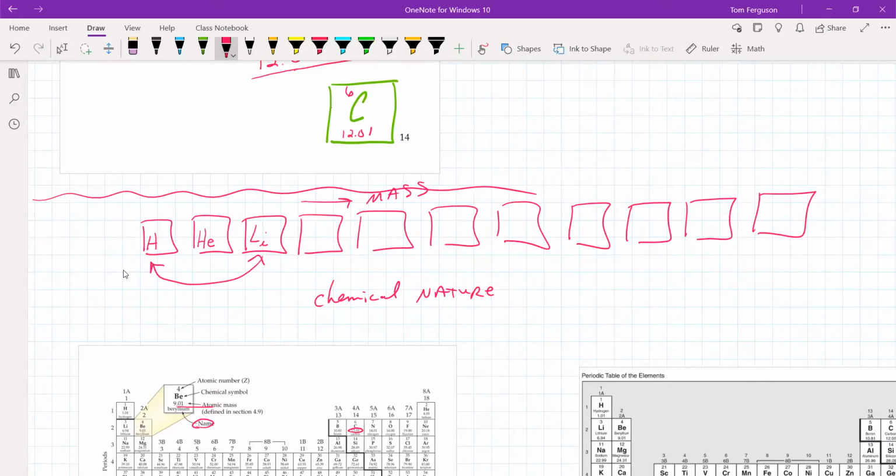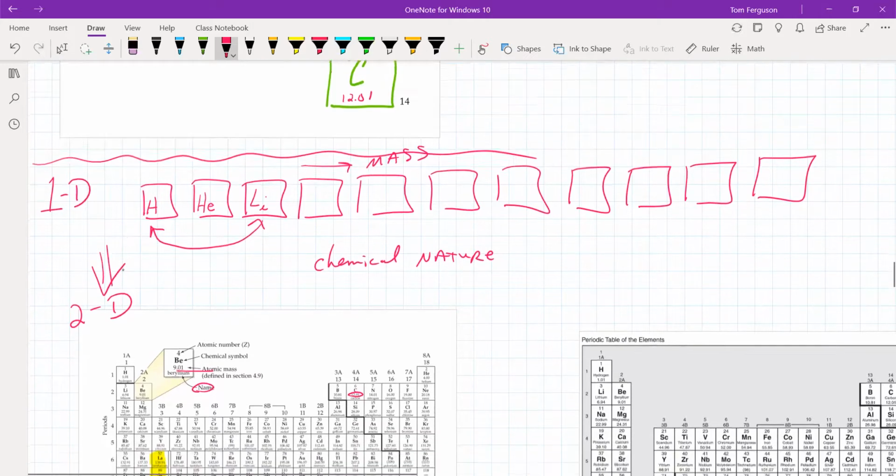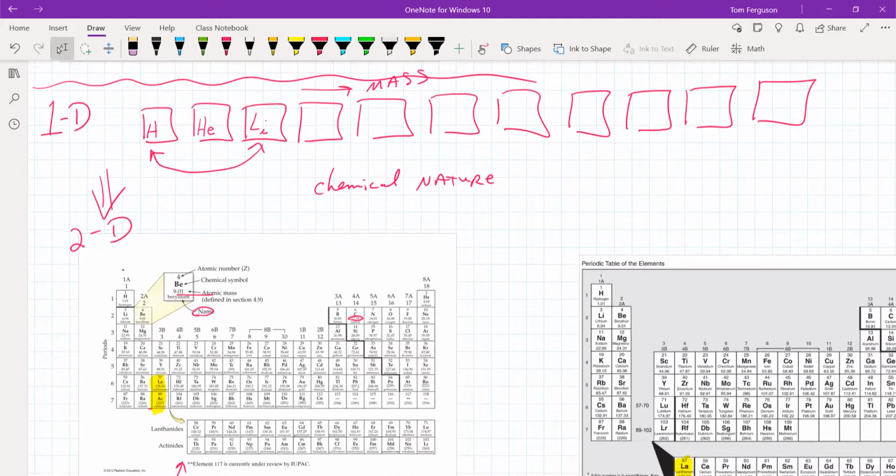And they noticed that about a number of elements. So instead of being one-dimensional like this, they decided to go two-dimensional. When they went two-dimensional, they started splitting up the elements and put those with the same chemistry under one another. So the lithium, they broke it here and moved it over here underneath hydrogen. That's why lithium is now under hydrogen.